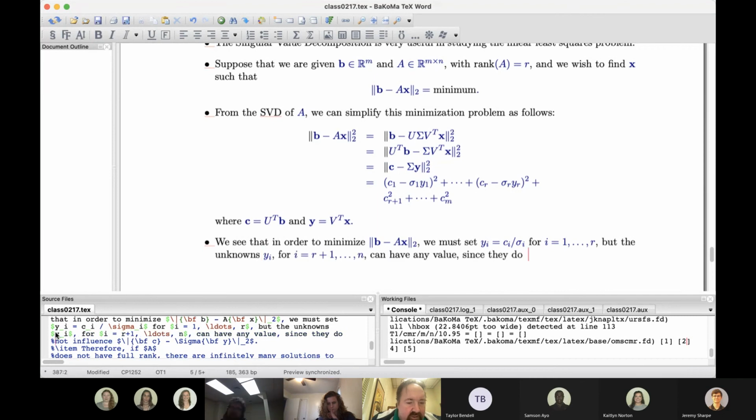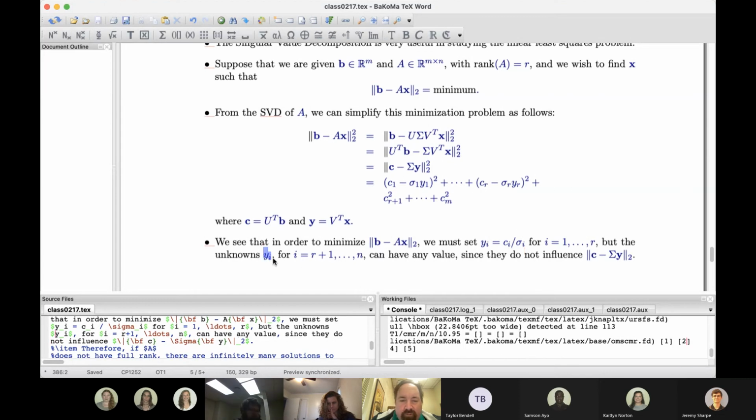Keep in mind, y is an n vector, but I'm only setting the first r elements. So to make this a minimum, the other elements of y, from r plus 1 on up, can be anything. That's because they don't have any effect on this expression.